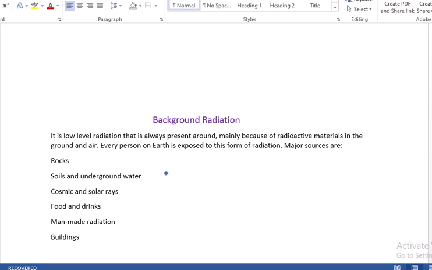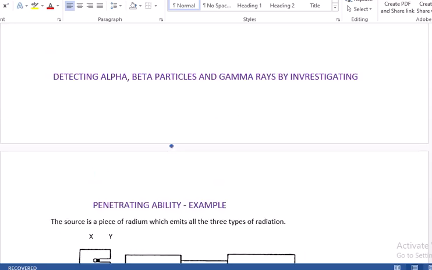Major sources are rocks, soils, and underground water, cosmic and solar rays, food and drinks, and man-made radiations. Buildings are surrounded with this. So there is a radiation source around me, background, but it's low level.